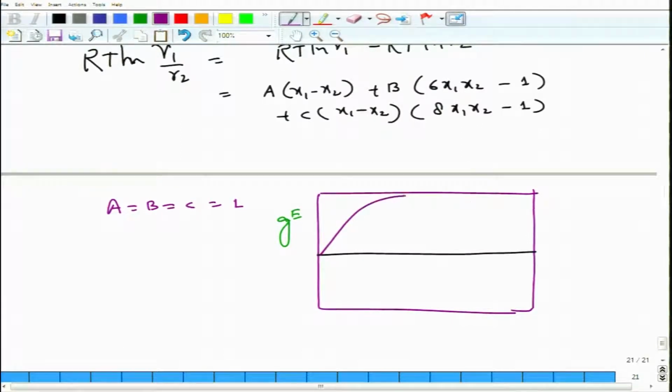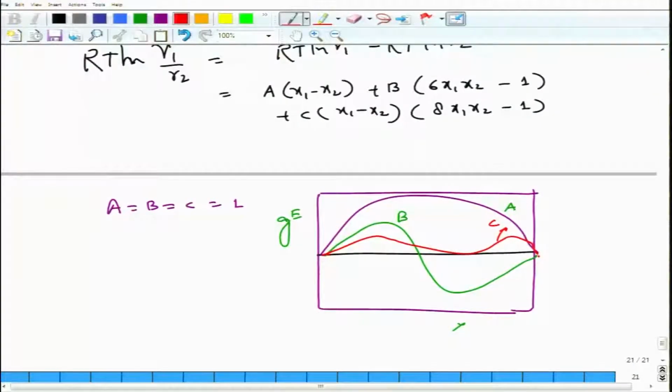This is how it looks for the case of A with respect to x, this is the one for B, and this is the one for C. It's not perfect the way the experimental data would be, but just to give you an idea that these contributions are non-trivial.